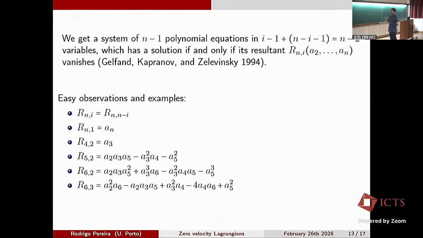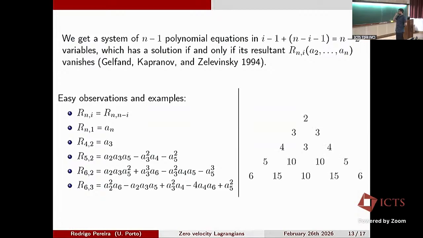And there are some easy observations you can make about this polynomial. For example, it is symmetric, so the polynomial for n,i is the same for n and n-i. For i equals 1, it will be the determinant. And then these you can compute, and you find that for n=4, this is still very simple, it's A3, but from 5 onwards, the polynomial starts to get quite complicated.